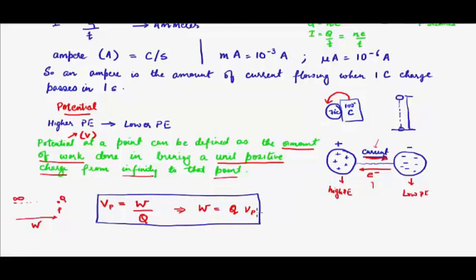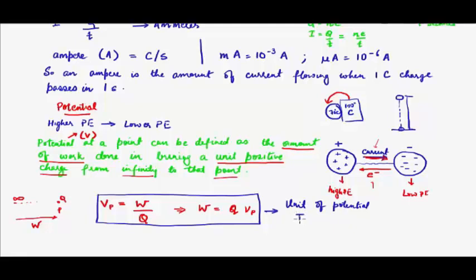Okay, now let us define what are the units of potential. The unit of potential will be basically unit of work upon the unit of charge. So the unit of potential is... work is defined by joule and charge is defined by coulomb.